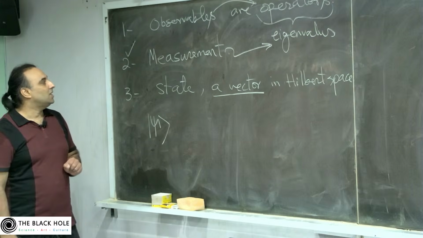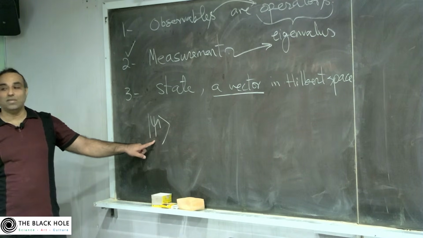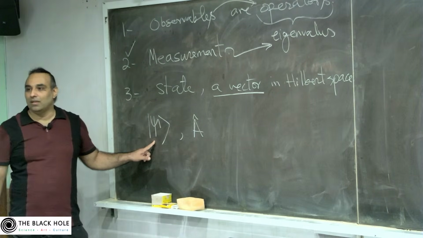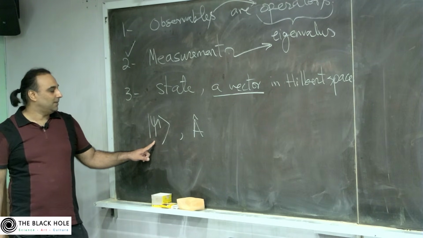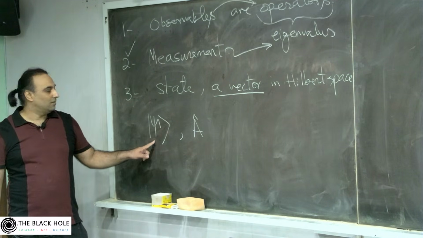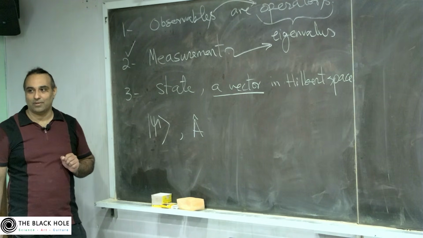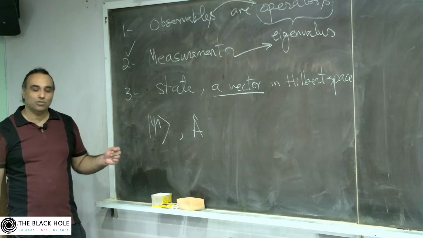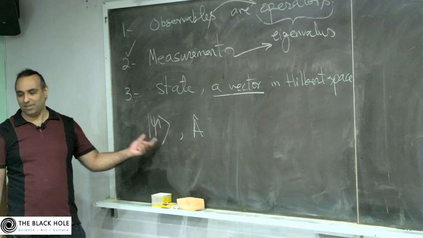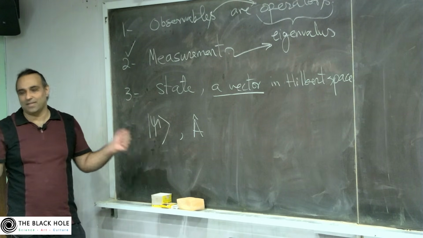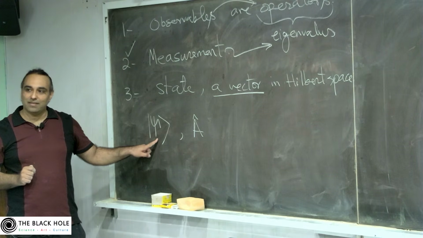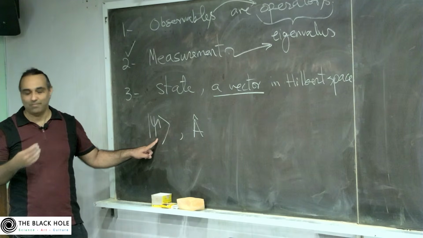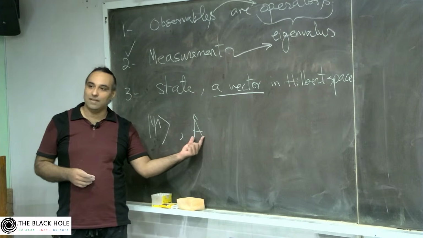To do that, suppose we would like to measure an observable, with an operator A. We would like to measure that quantity A. The state of this system could be any vector in the Hilbert space, but we can expand it as a linear combination, or superposition, in the basis of eigenstates of this operator.